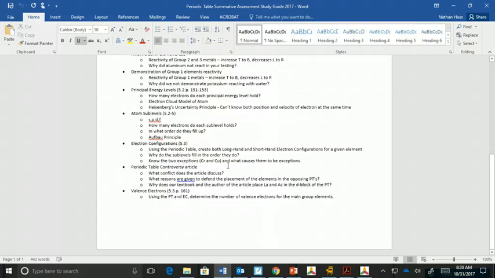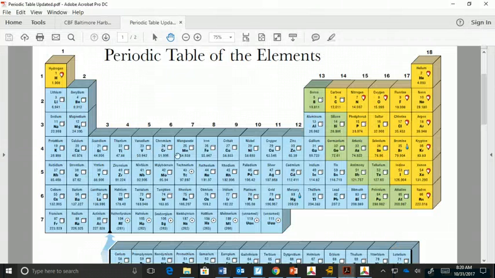As I roll down, don't forget about those two exceptions, chromium and copper. When you look at the periodic table, you would think that chromium is 4s2 3d4, but in actuality it's 4s1 3d5. The extra electron from calcium that would have gone into 4s instead goes into the 3d. Same thing for copper.